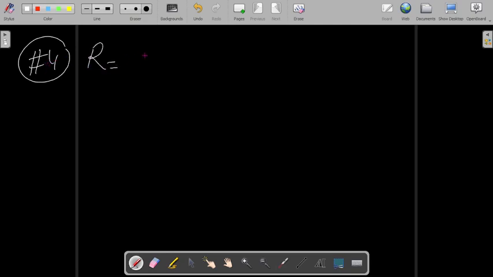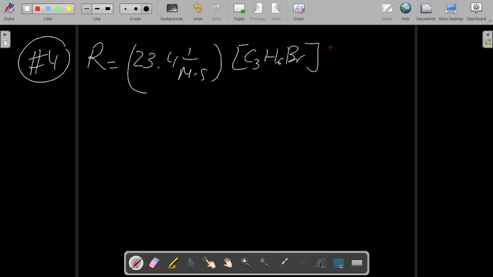So this is what mine looks like. This is your k, and then the concentrations for each one of those reactants, and it looks like the order for each one of them is 1.